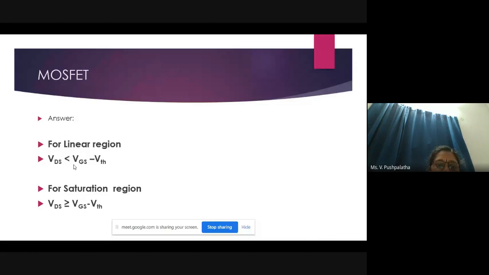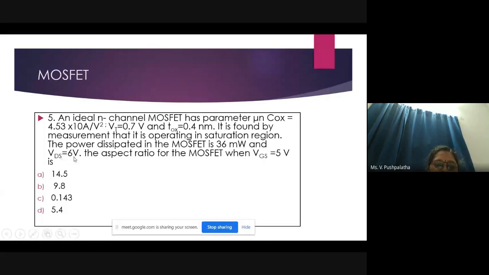Next, we'll go to the fifth question. An ideal N-channel MOSFET has parameter mu n Cox equal to 4.53 into 10 power 1 in angstrom units, and Vt equal to 0.7 volt, and Tox is 0.4 nanometer. It is found by measurement that it is operating in the saturation region.